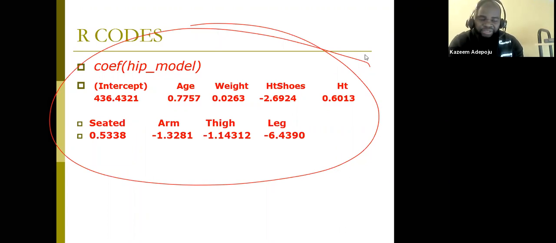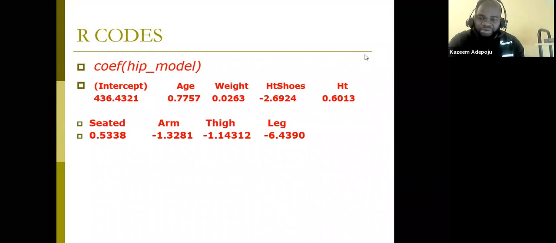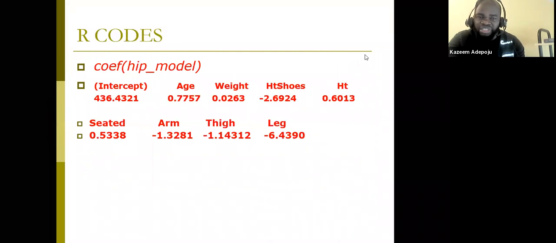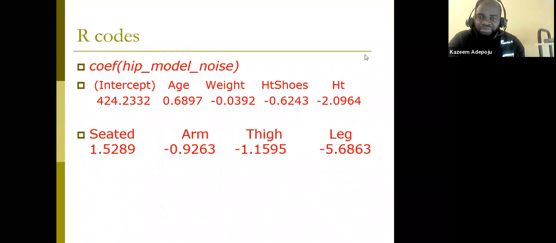After adding noise, look at that. Intercept is 424, but initially it was 436, right? Age is 0.7757, but now it's 0.6897. Can you see now? There's a difference.